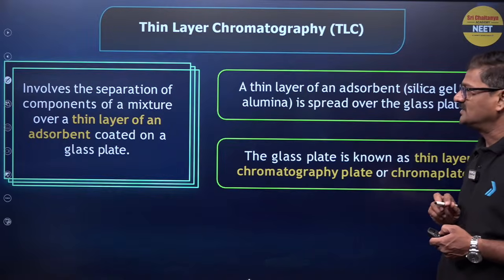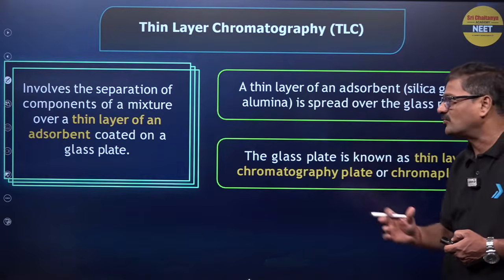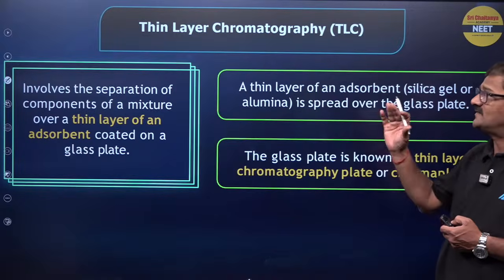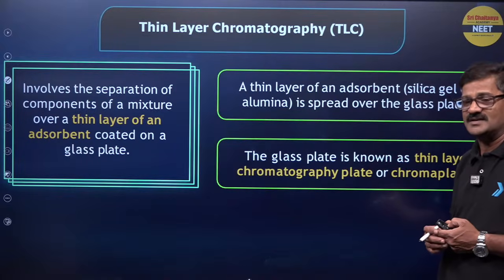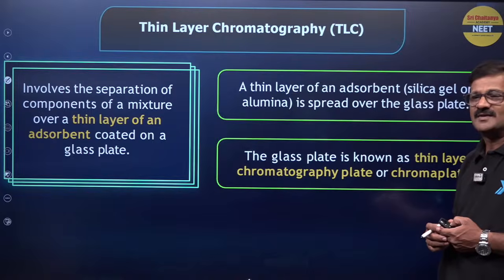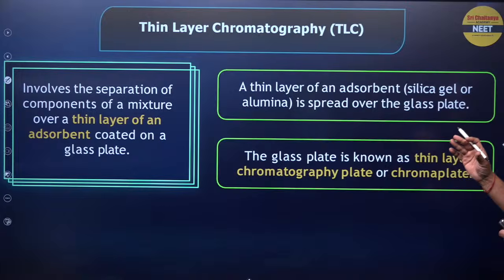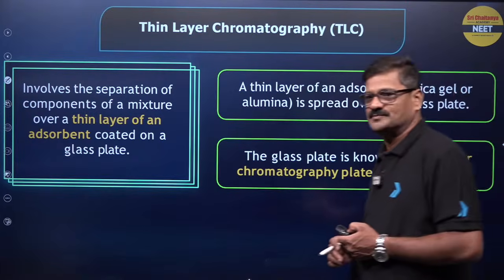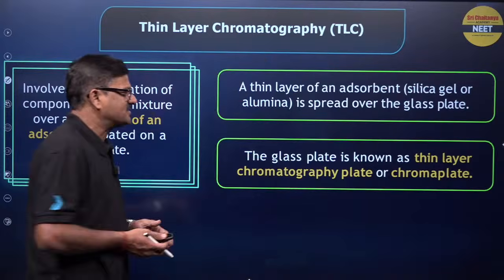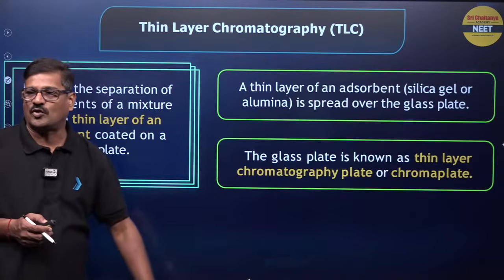It involves the separation of components of a mixture over a thin layer. This is thin layer chromatography, TLC. In thin layer chromatography, a thin layer of adsorbent, silica gel, is spread over a thin glass plate, and the glass plate is known as the TLC plate or chromatogram.